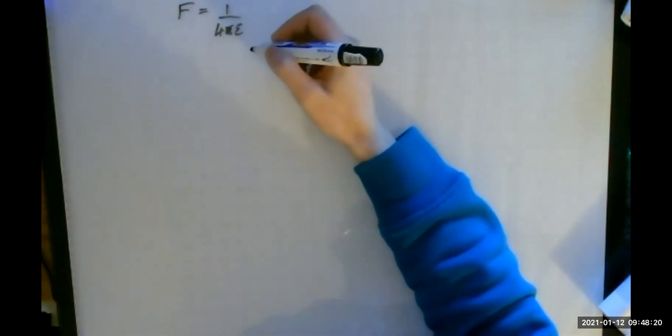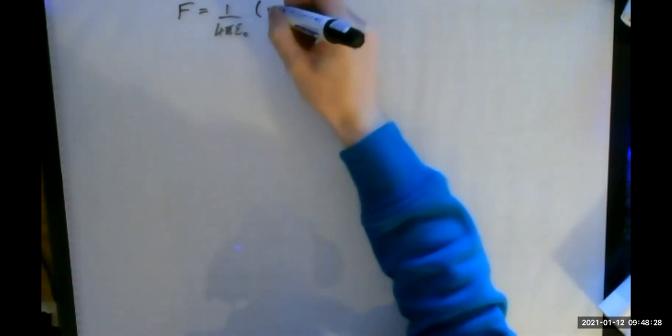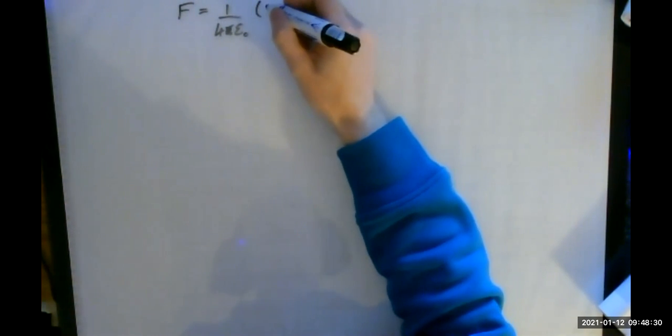So the force is the repulsion force. So to find the force of repulsion, we use the formula. So F equals 1 over 4 pi times the permittivity. Since the charges are in a vacuum, we use the permittivity of free space. Times 1.6 by 10 to the power of minus 19 coulombs, the charge on the proton. The other charge is also 1.6 by 10 to the power of minus 19 coulombs.